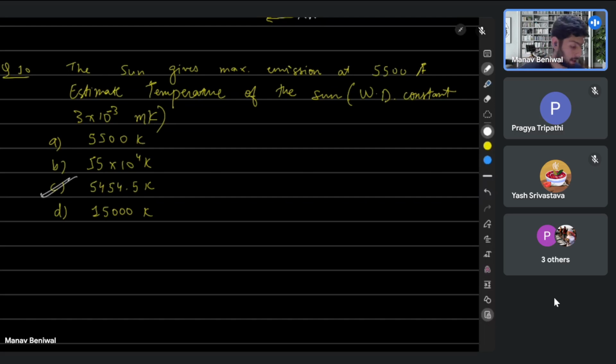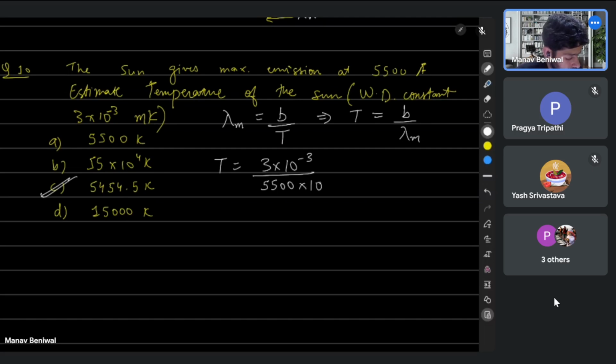Okay, how do you do this? You simply write the Wien's displacement law. Let me call the constant b. Which means your temperature is b over lambda m. So your b is 3 times 10 to the minus 3, and your lambda m is 5500 into 10 to the power minus 10.